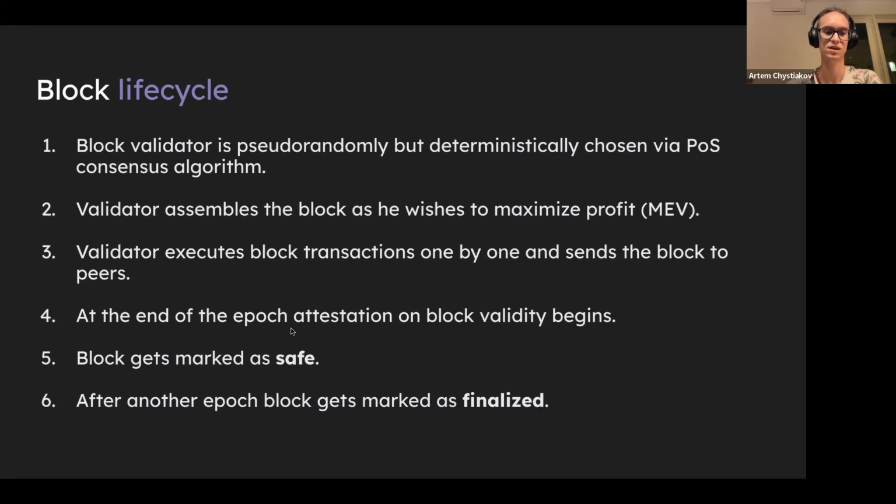But if 2/3 of the whole 500,000 attestations are in favor of the block, it gets marked as safe. And if there is another epoch that is marked as safe, that means that another 2/3 of validators have voted in favor. So 2/3 intersects with another 2/3, which means that in order to somehow manipulate the state, the attacker has to be in control of 1/3 of validators, which is billions and billions of dollars. And nobody has this power.